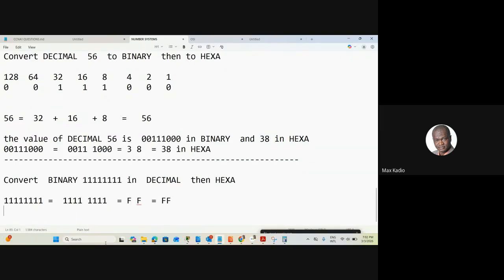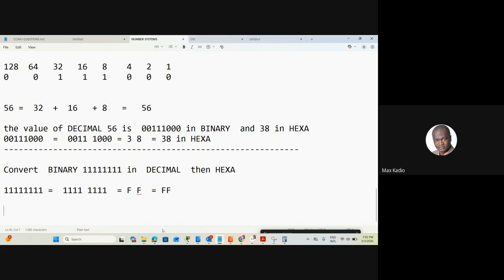Then your answer is the first one, binary is FF in hexa. So binary and hexa is easy.